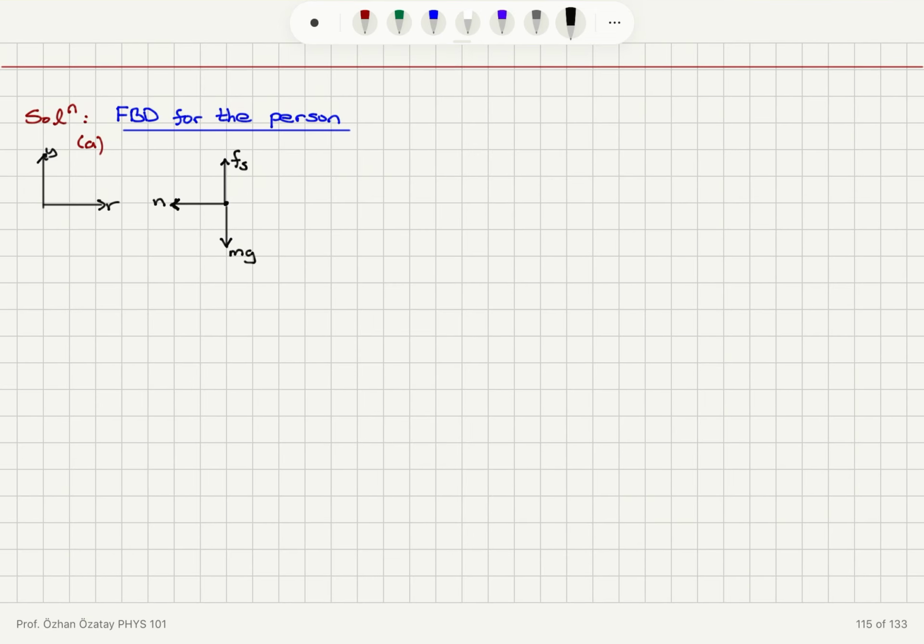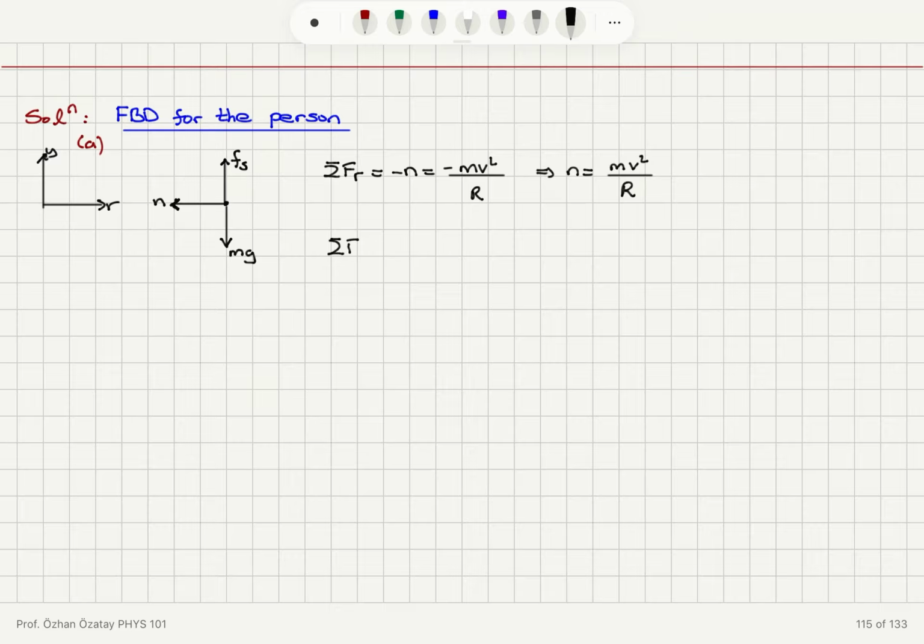So we can write the net radial force to be equal to minus N, because it's in the minus r hat direction, which is minus m v squared divided by R. So our normal force is equal to m v squared divided by capital R.